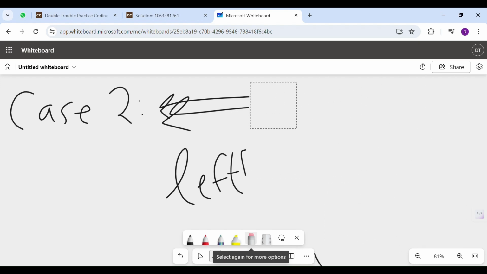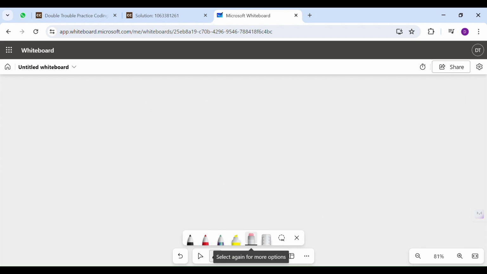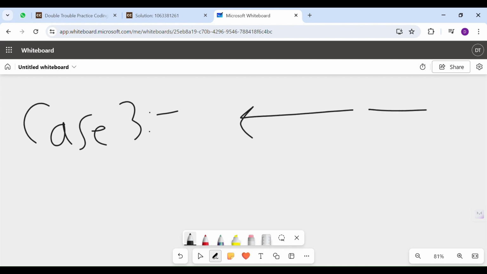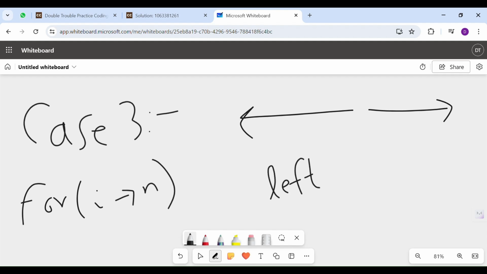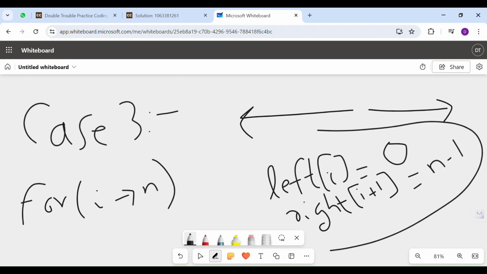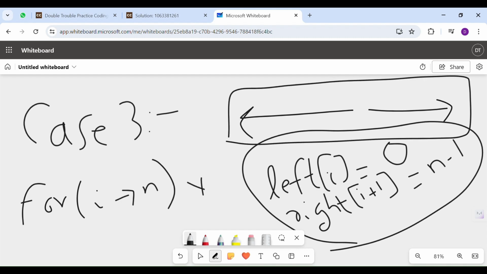Now third case, case 3. We will have to check for one left and one right. So we will iterate from I till n, and then we will have to check that left of I is 0 and right of I plus 1 equals n minus 1. If these two conditions are true, I can make this case true.